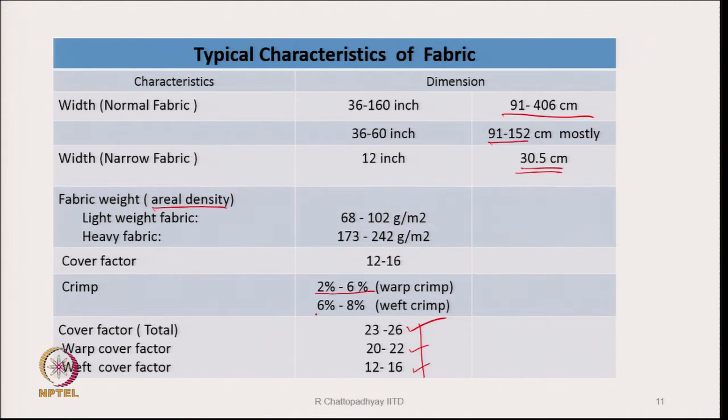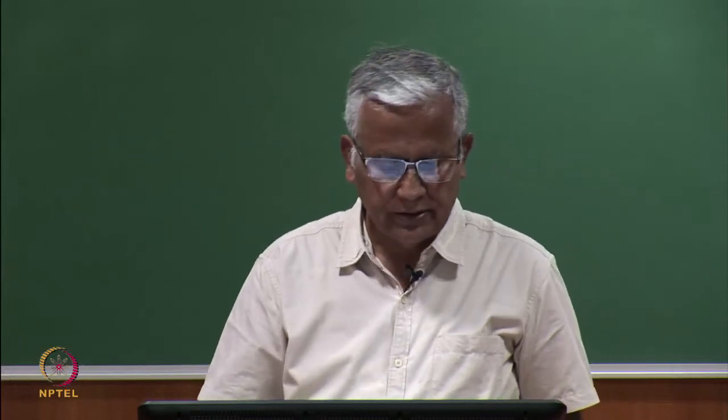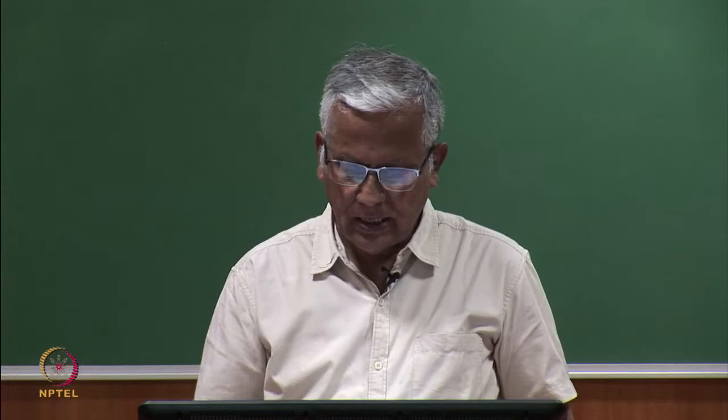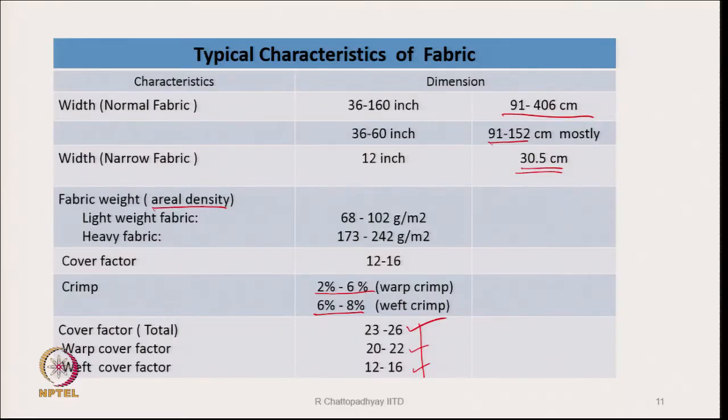These are some typical values. It may differ also depending upon the type of fabric or type of yarn that has been used to make those fabrics. So, just to get an idea of the typical characteristics of the fabric, some values are quoted here.